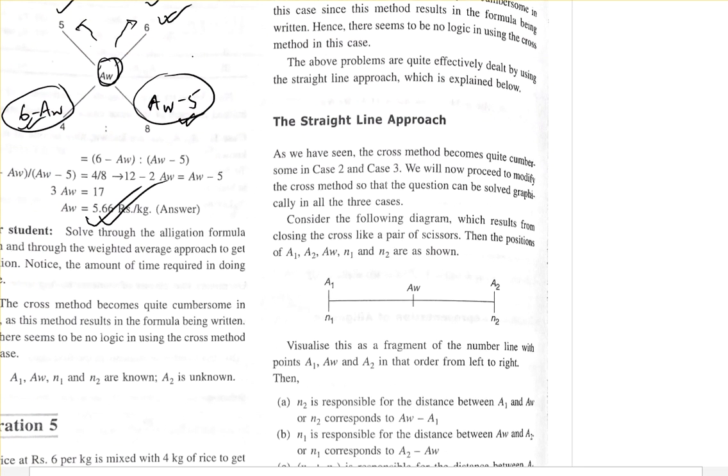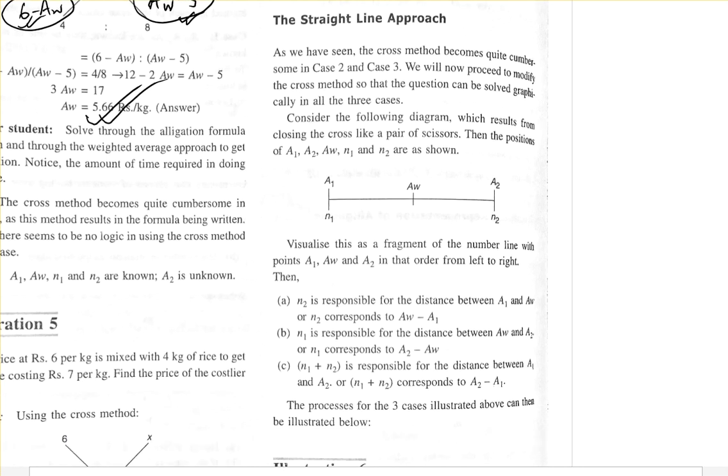Now we will proceed to modify. Consider the following diagram, which results from closing the cross like a pair of scissors. Then the positions will be this. Visualize this as a fragment of the number line with points A1, AW and A2 in order from left to right. N2 is responsible for the distance between A1 and AW.